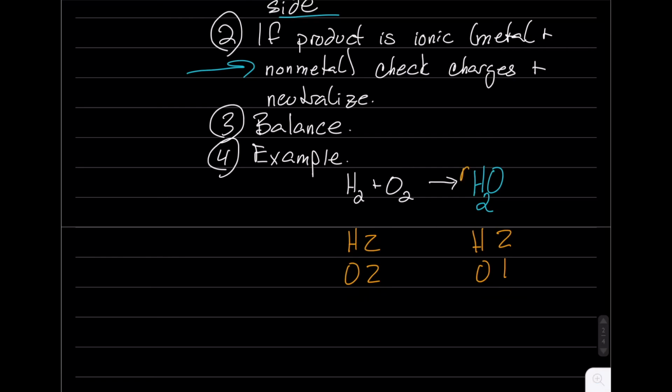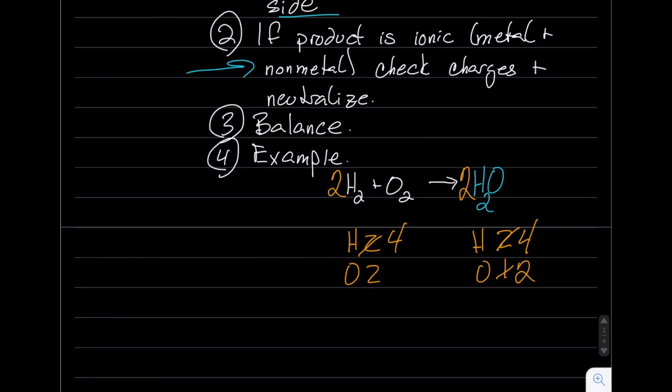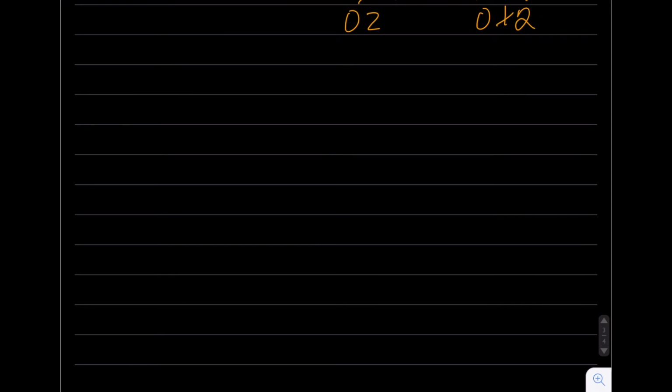So I'm going to put a 2 here, which now gives us 4 H's because that 2 distributes to both atoms. And we have 2 O's. So we've fixed the O's. We've now messed up the H's, but all I need to do is put a 2 here. We now have 4 H's. Okay, so there's a quick overview of synthesis. And next up is decomposition.